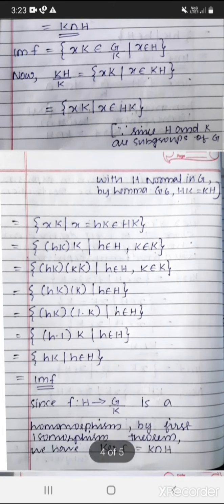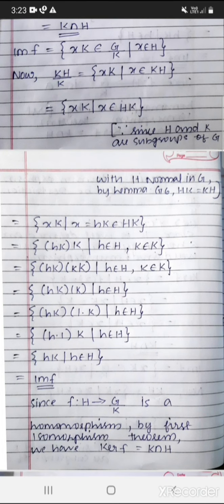Which is equal to the set of all xk where I am taking my x to be an element hk which belongs to capital HK. If I group these, it is equal to the set of all hk into k with h belongs to H and k belongs to K.